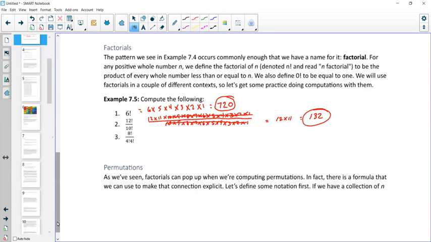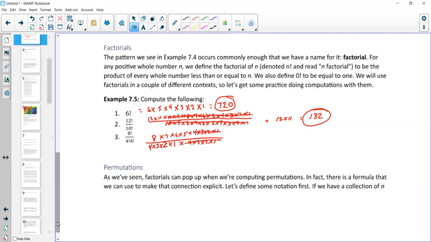Okay, so let's look at this one. This is 8 factorial, which is 8 times 7 times 6 times 5 times 4 times 3 times 2 times 1, over 4 factorial, 4 times 3 times 2 times 1, times 4 factorial, 4 times 3 times 2 times 1.